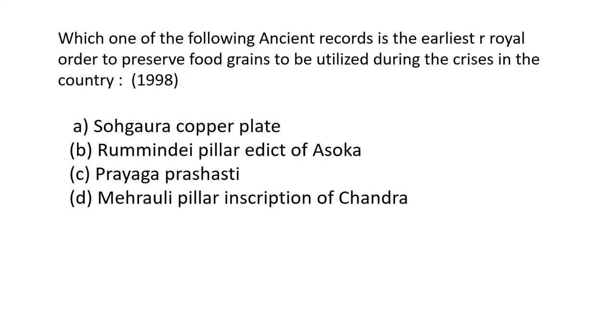This pillar commemorates the visit of Ashoka to Lumbini, the birthplace of Buddha. Next, we talked about the Prayag Prashasti also. It is seen in the Allahabad pillar inscription, and this Prayag Prashasti was written by Harisena, who was a court poet of Samudragupta.